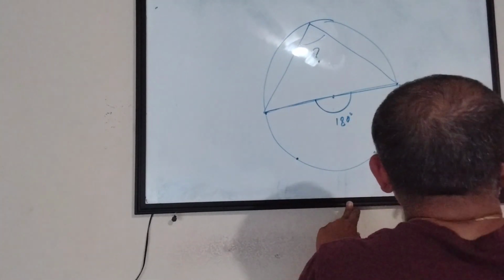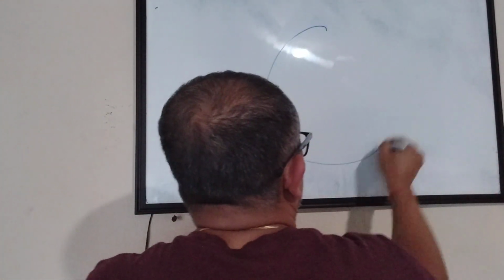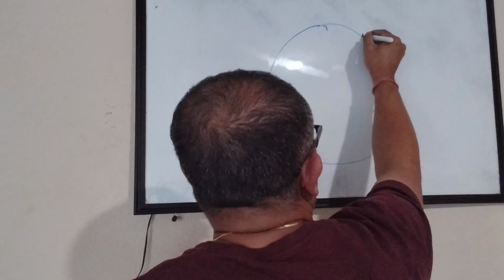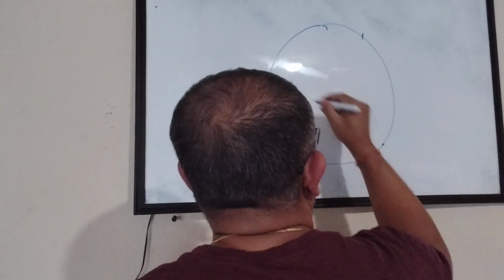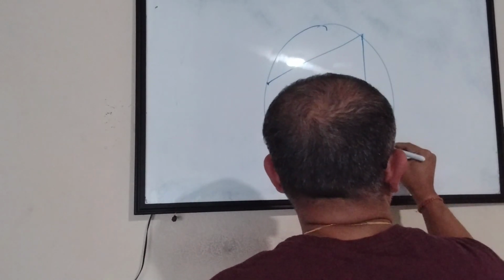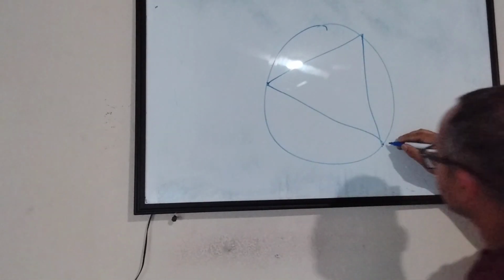Okay. Now, I'll just show you guys one more problem and tell me if you can. I have 3 points on the circle. I join them all and I have drawn a tangent.